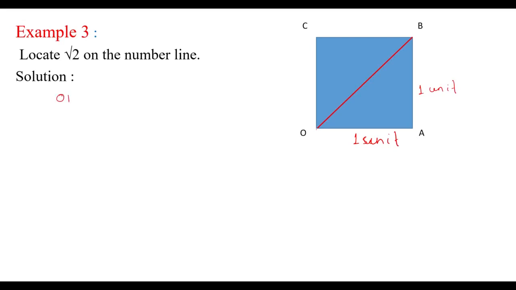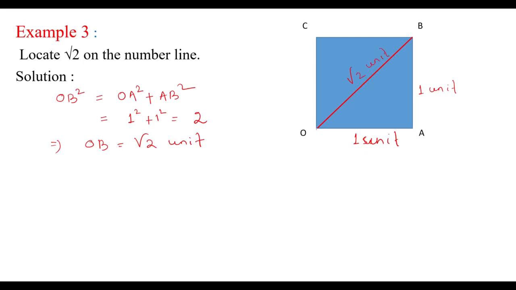So by using Pythagoras theorem, OB square is equal to OA square plus AB square. So that is equal to 1 square plus 1 square. This is equal to 2. So this implies OB is equal to root 2 unit. So this is root 2 unit.